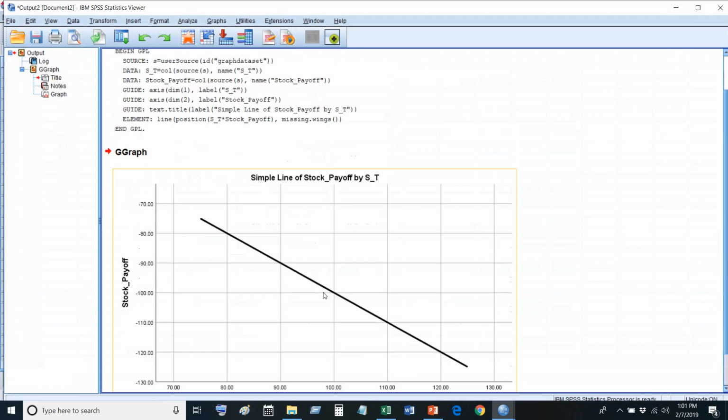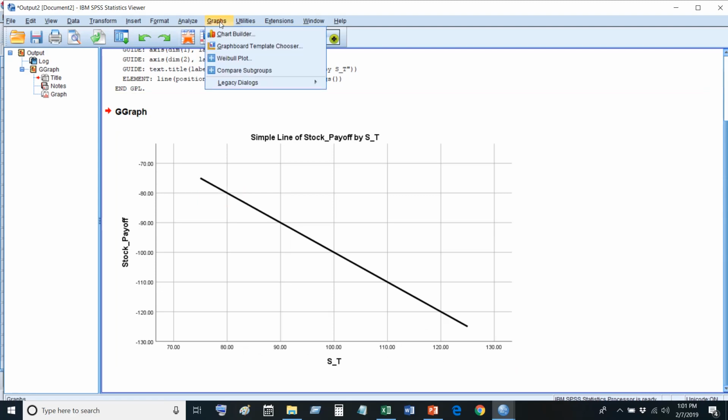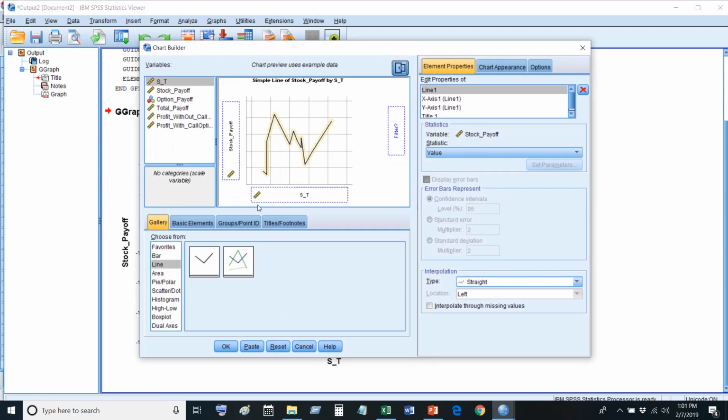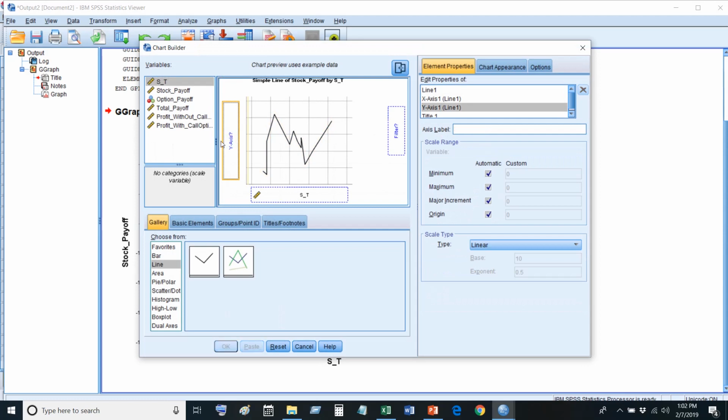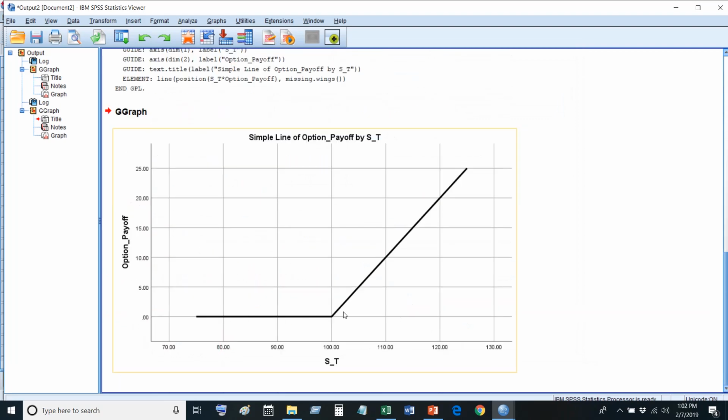So that's the graph that we have seen in our slides. We can see that the payoff decreases whenever the stock price increases. Again, chart builder, we just change this value, option payoff. We see this is the graph that we had previously.